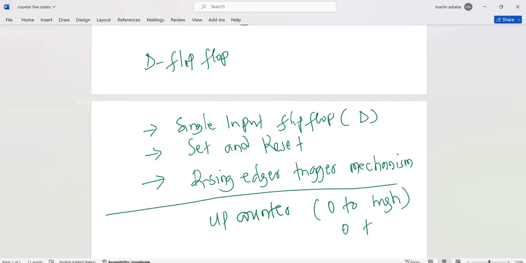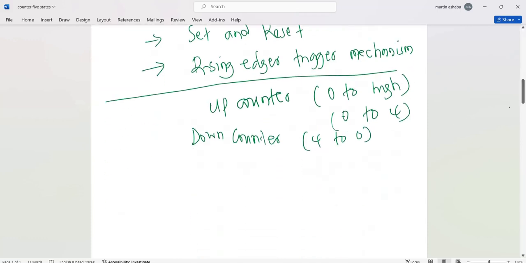That is from 0 to 4. This is an up counter. A down counter would be from 4 to 0, and this would be achieved by using a falling edge trigger mechanism.